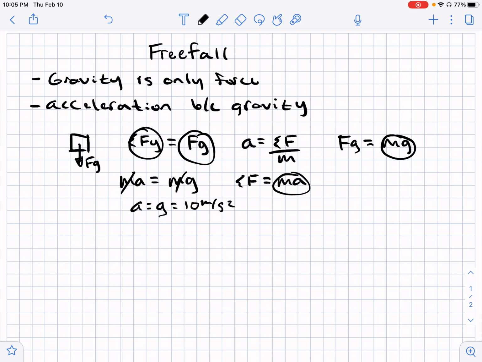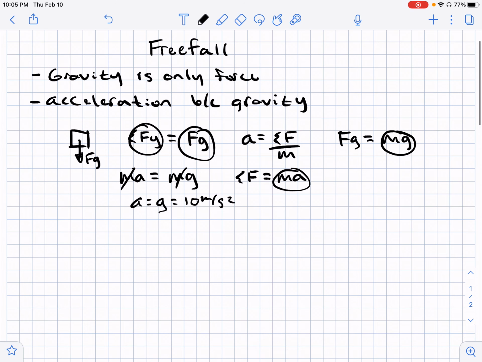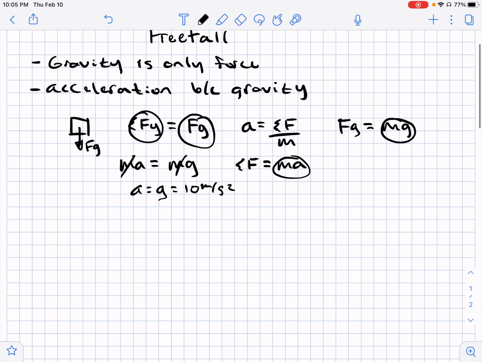Now, not every object that's falling is in free fall. We've seen this at the beginning of the year. If you remember, we did our Aristotle lab, and in our Aristotle lab, we asked, do heavier objects fall faster? What we found was that they all fall the same rate, but sometimes air resistance or drag could cause an object to fall slower, right?